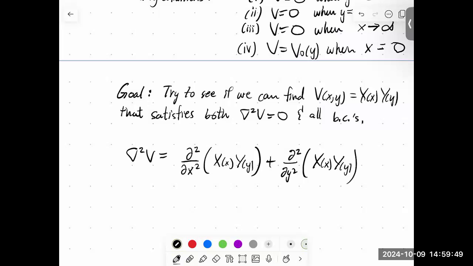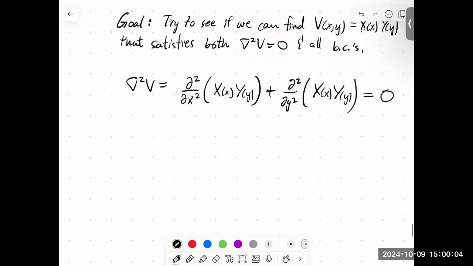The beauty of separation of variables when it works is that the x derivative acts only on the x function, and the y derivative acts only on the y function. So this I could write as Y times the second derivative of X plus X times the second derivative of Y, and it's not even partial derivatives anymore, right? Big X depends only on the position little x, and likewise, big function Y depends only on the coordinate little y. So it's no longer a partial differential equation. We've got some ordinary derivatives. And so that still has to be 0.